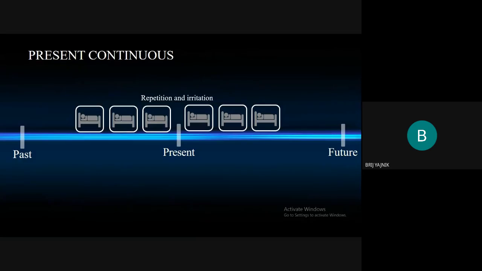So when the action is repeated with irritation, it becomes the form of complaint, right? And when you are trying to put up a complaint about something, this is what you say with the word always. So look at that. He's always sleeping when he's at home, right? So we can also use present continuous tense to put up our complaints, right?